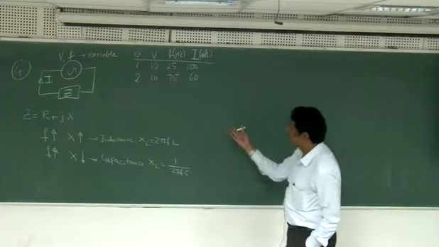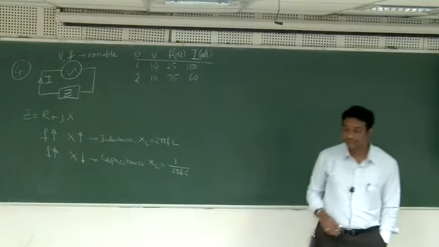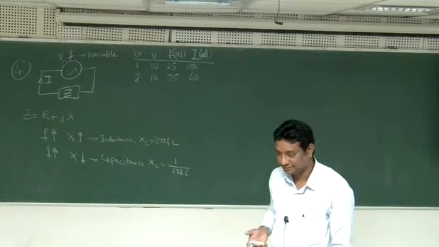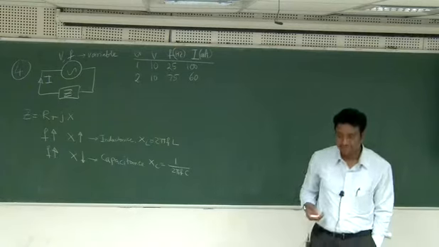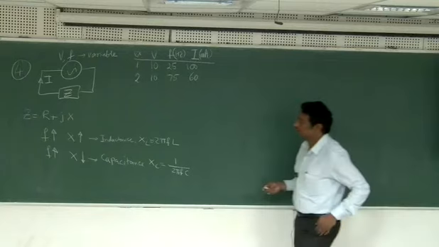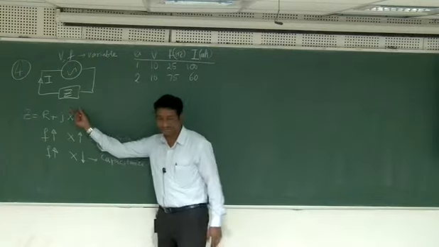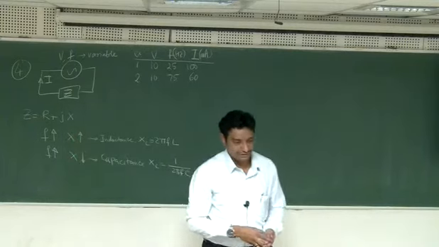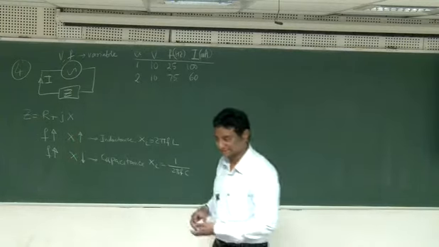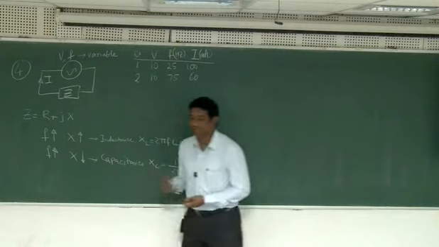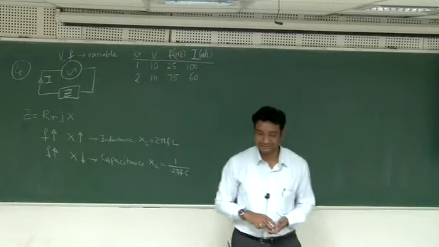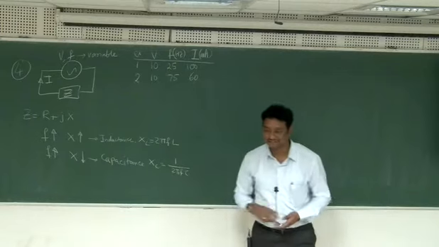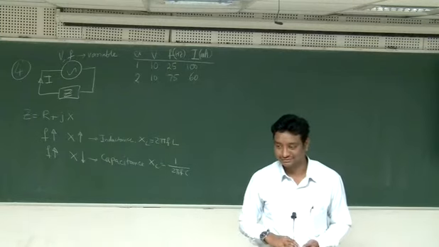So we can actually calculate now. The question asked is, what if it's a mixed case? What if this is an RLC, all three in combination? Then it may not be correct. So what happens? If I increase the frequency, will the impedance increase or decrease?